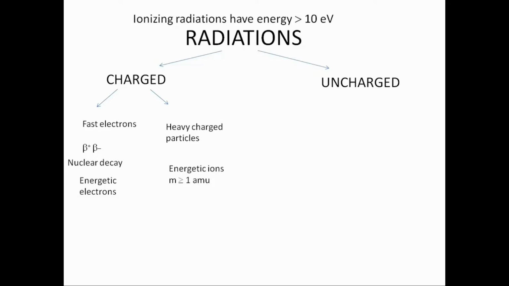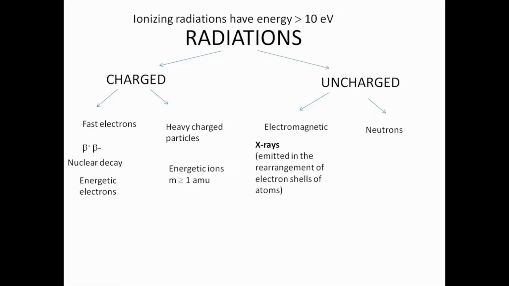Another category of charged radiations are the heavy charged particles, which are energetic ions with mass greater than or equal to 1 atomic mass unit. Uncharged radiations, on the other hand, are classified into electromagnetic radiations and neutrons. Electromagnetic radiations comprise X-rays, which are emitted in the rearrangement of electron shells of the atoms, and gamma rays, which occur because of the transitions within the nucleus. Neutrons can be either slow neutrons or fast neutrons.